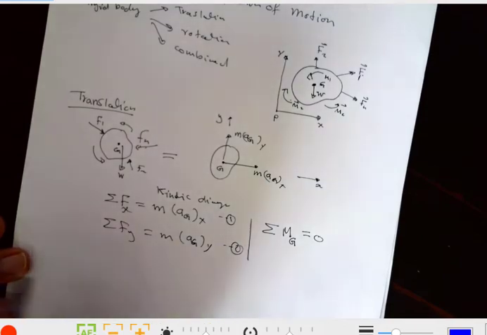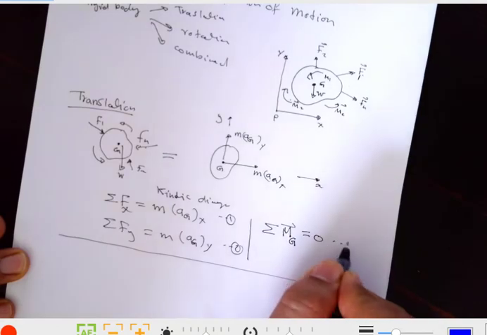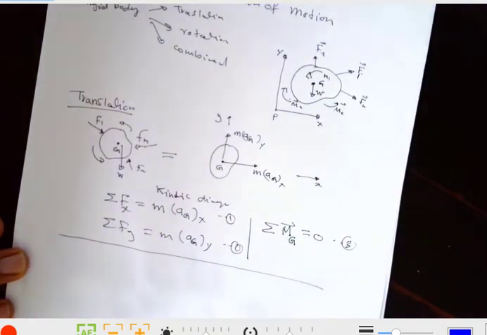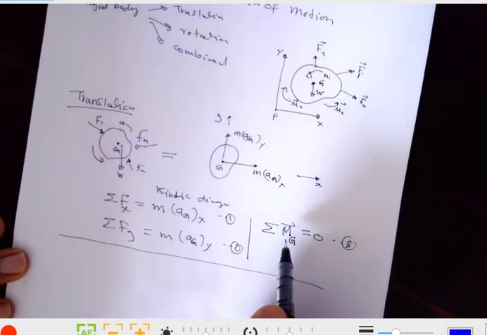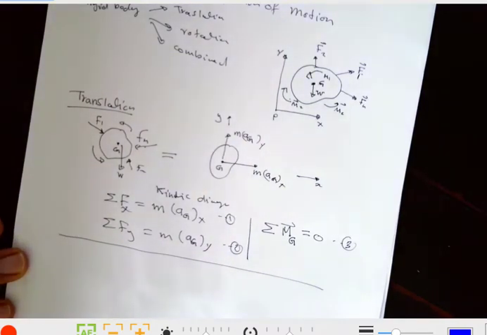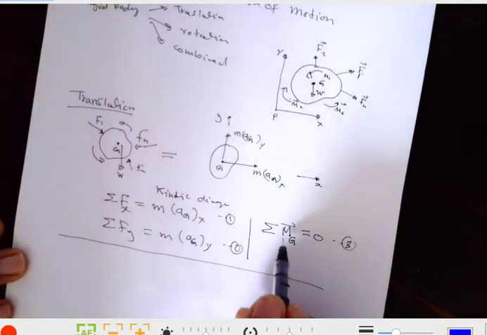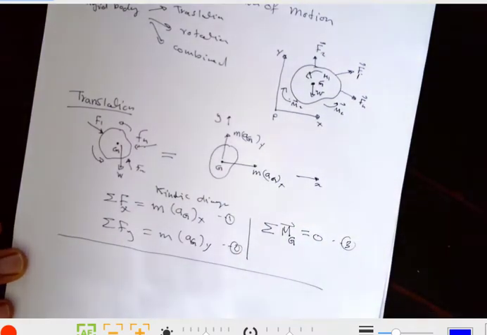Now, these three equations are vector equations. Sometimes the calculation of moment about the center of gravity might be cumbersome. So there is an alternative way to compute the moment about any point without violating equation 3.